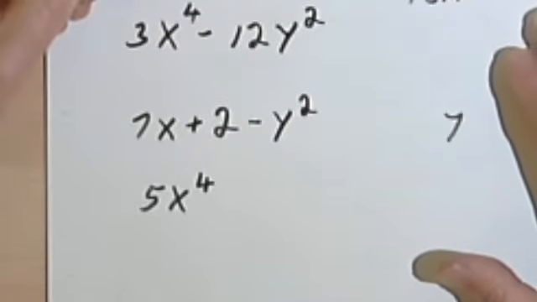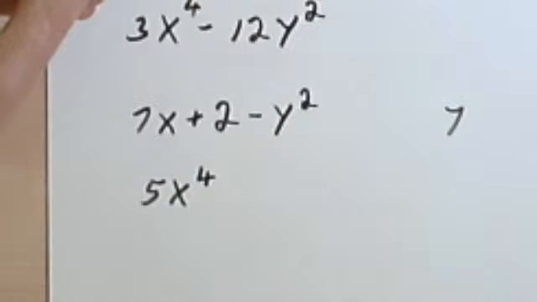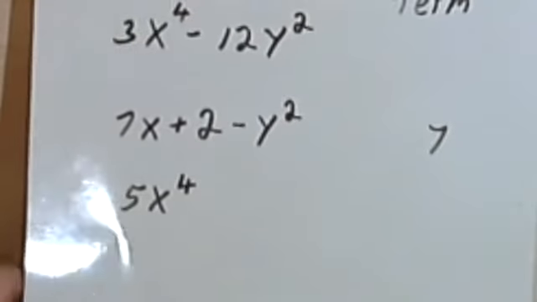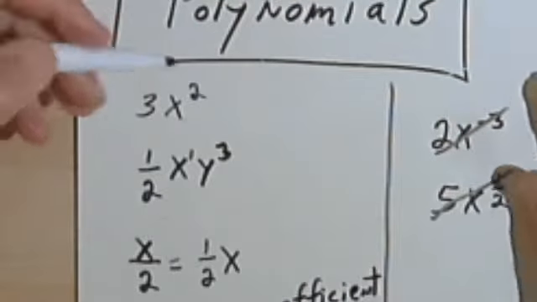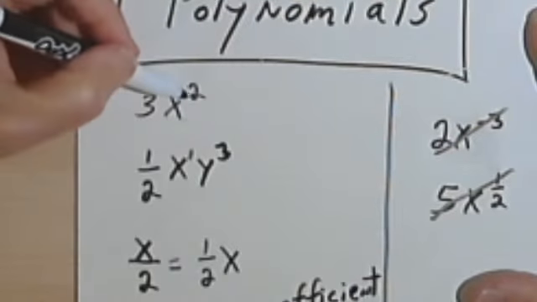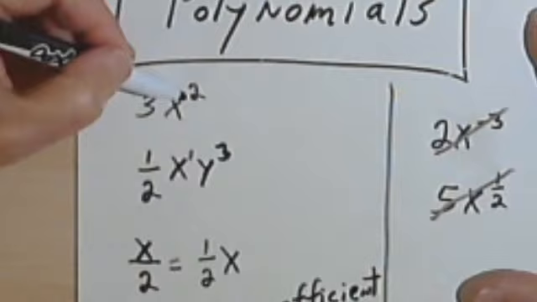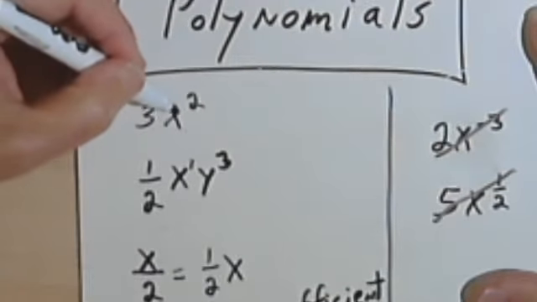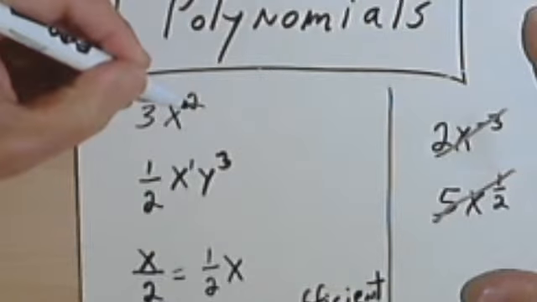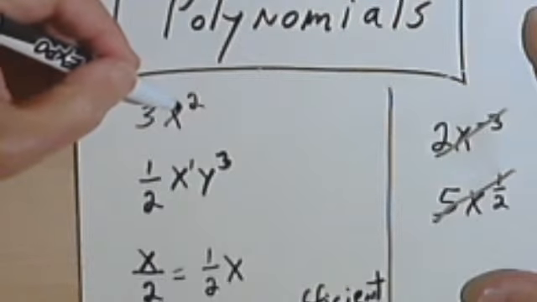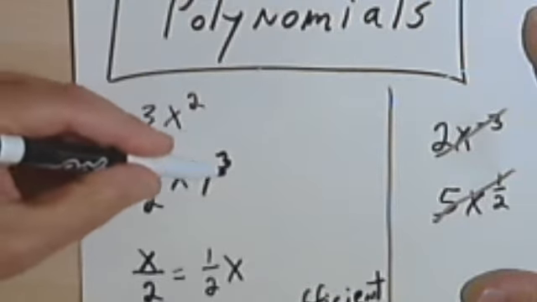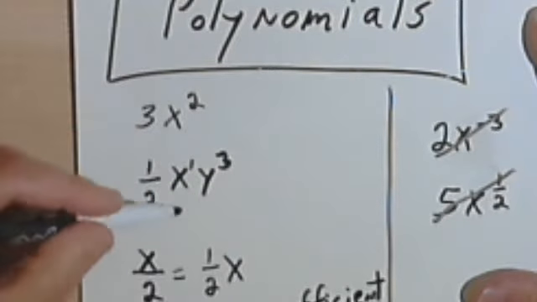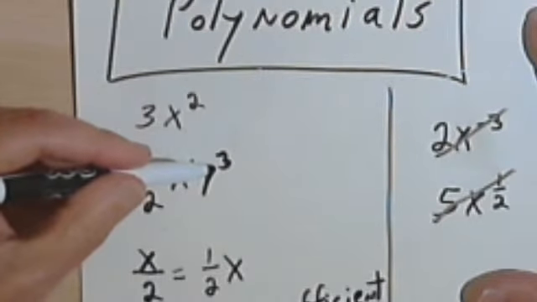Monomials also have degrees. Actually, let's go back to the monomials. The degree of a monomial is the value of the exponent, if there's one exponent and only one exponent. So this 3x squared is a second degree monomial. If there's more than one exponent, then we add the exponents together to find the degree.